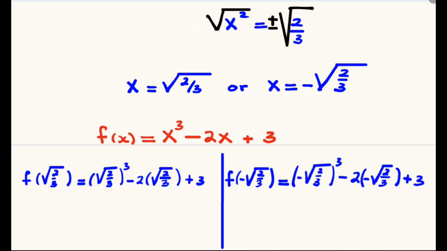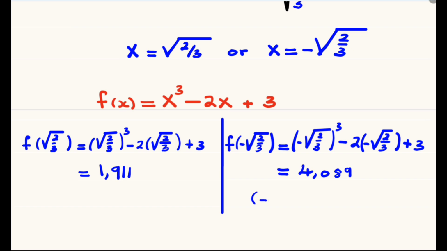We have, for the positive side, 1,911 as our y value, and for the negative side, we have 4,089 as our y value.